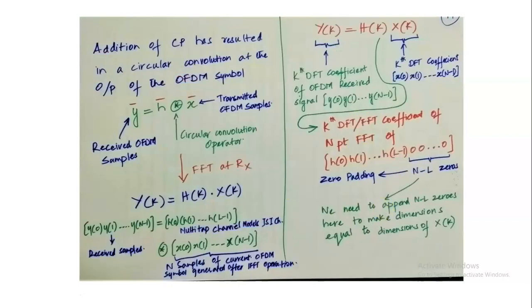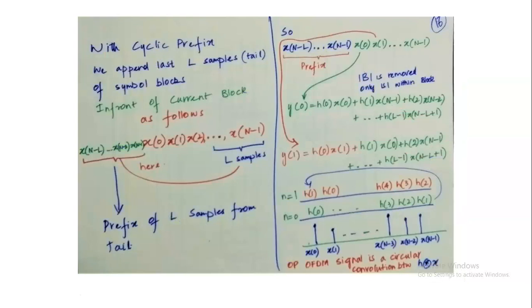So the most important point was here, that we have now convolved in a circular fashion. These are the samples of your signal. These are multiplied with h0 at time instant 0, as shown here, and x1 is only multiplied with h0, as shown here, and x_{N-3} is multiplied with h3 and h4.